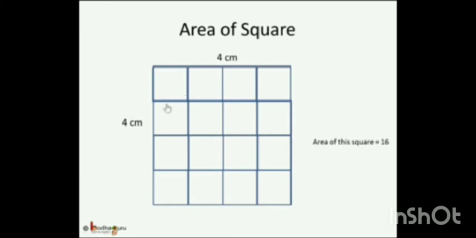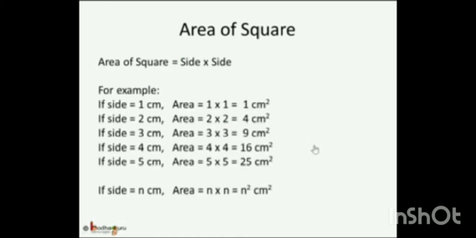We know if we divide this square into different smaller squares, each of 1 centimeter by 1 centimeter, then on this 4 centimeter there will be 4 such squares, and same way on this side also there will be 4 such rows. So total would be 16 such squares, right? So the area of this square is 16 square centimeters.